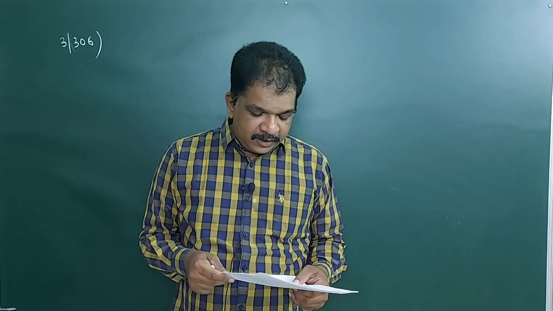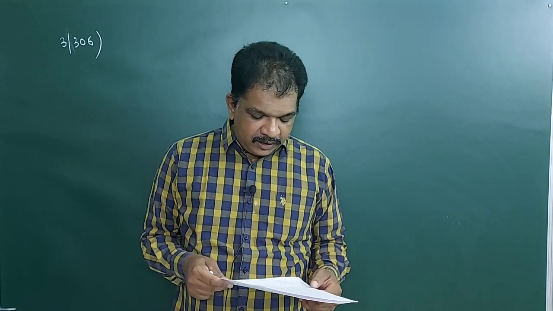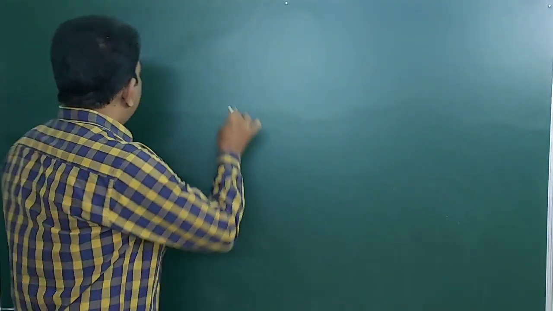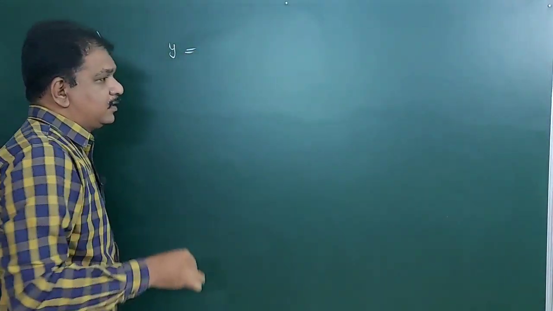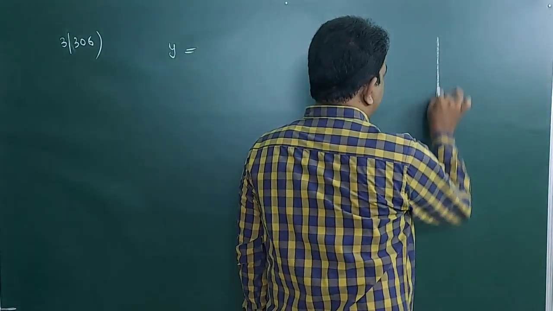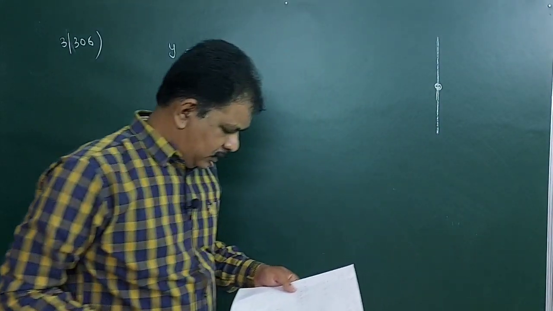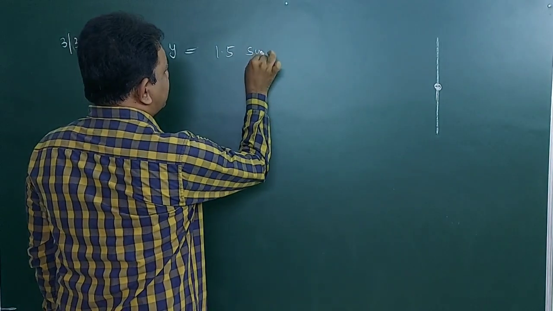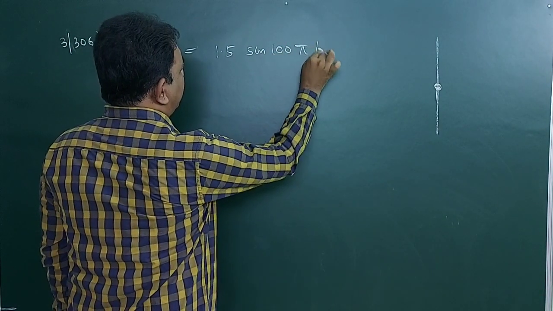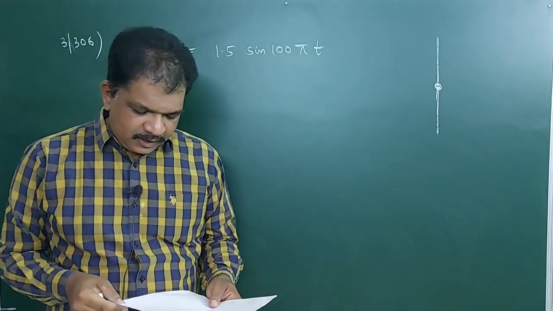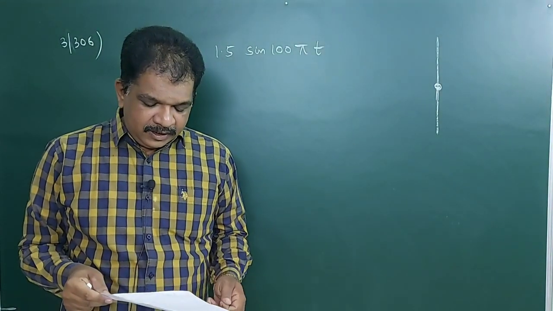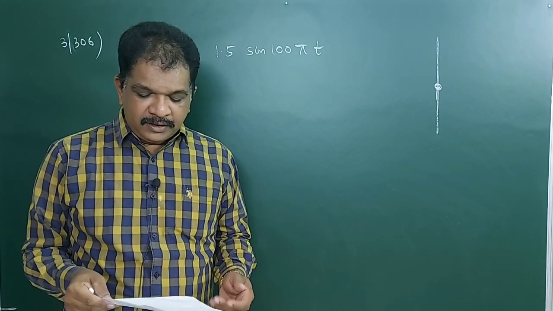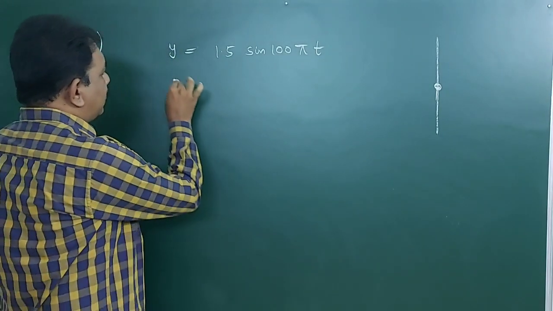Its displacement varies according to the equation y = 1.5 sin 100πt, where y is in meter and t is in second. Calculate the amplitude, period, frequency. They are asking. Simple, na?